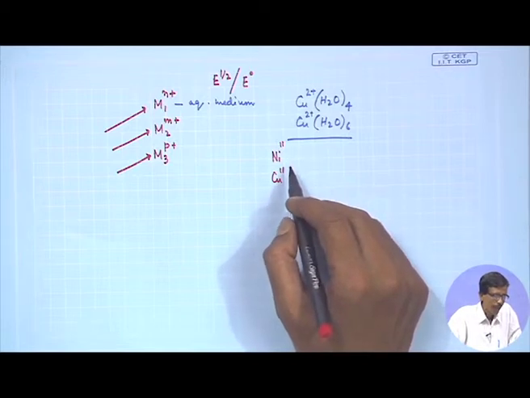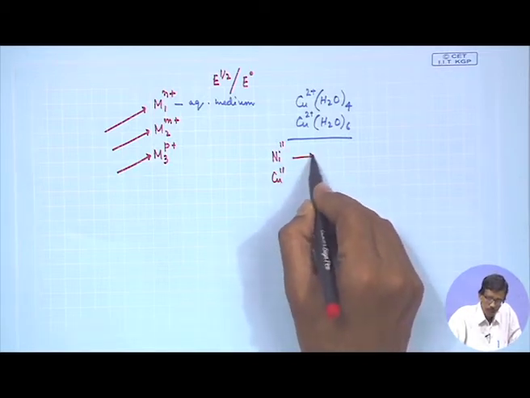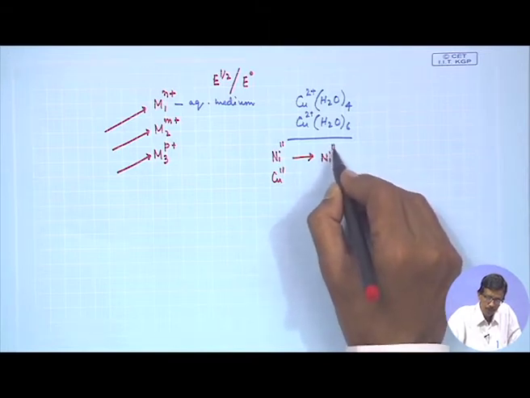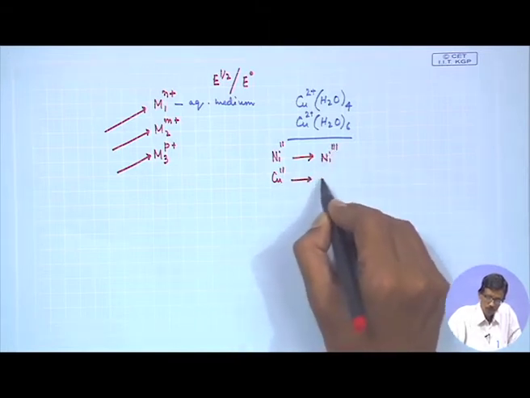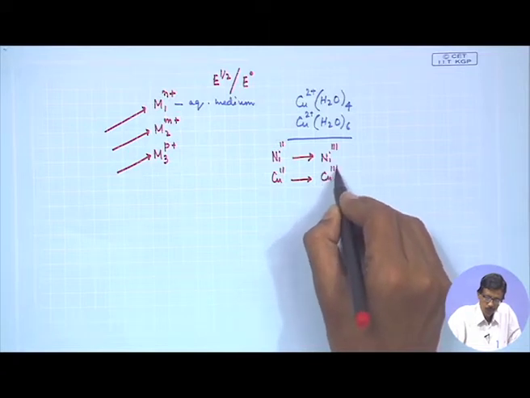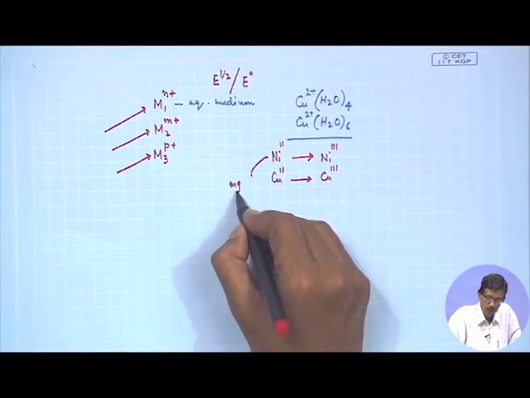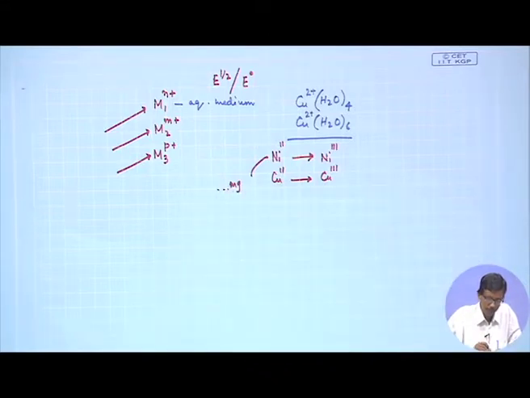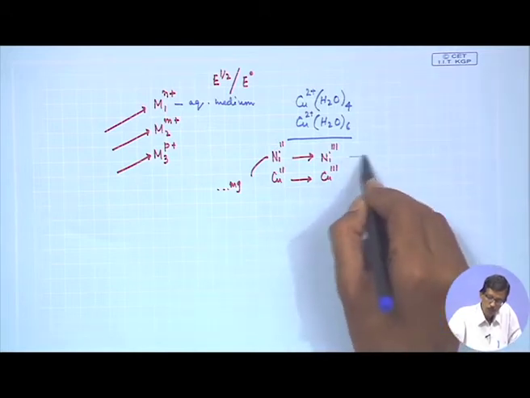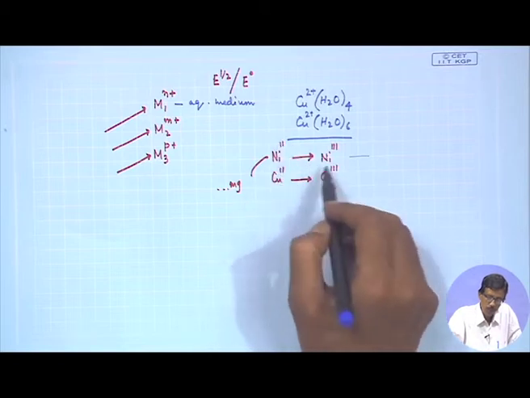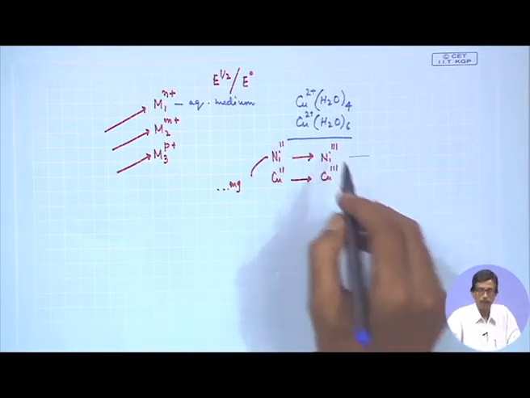And if we can oxidize this compound, a metal ion complex, to nickel 3 or copper 3, then knowing the corresponding amount of the compound we are taking, in milligrams say, we can calculate the charge which will be required for complete oxidation of this compound to its oxidized form.